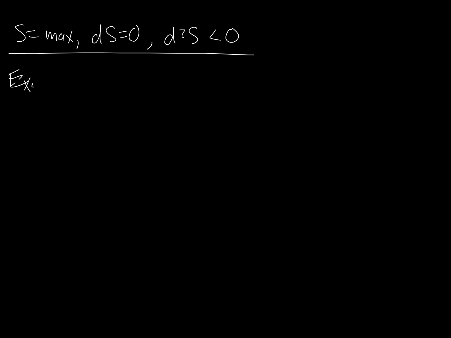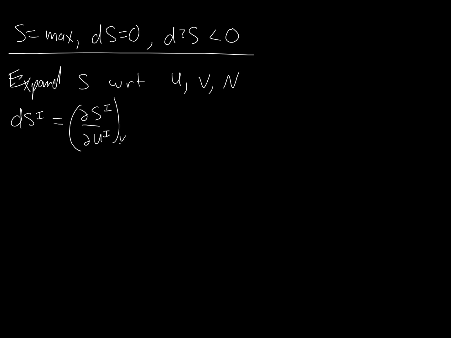So we'll expand S with respect to U, V, and N. So if we do it for one side, dS1 is equal to dS, and we keep the dN term because it's an open system.